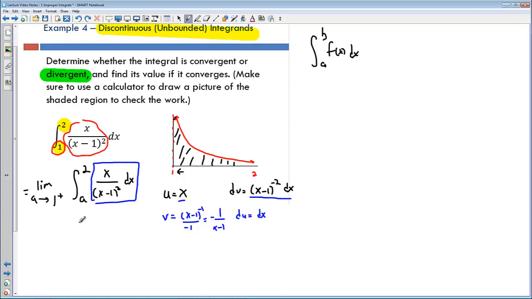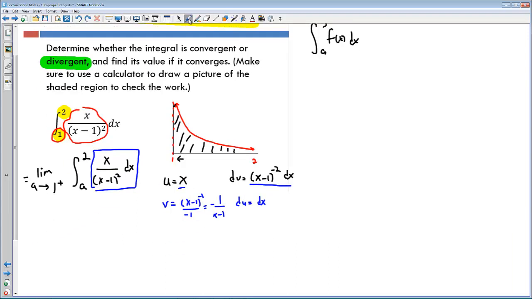And so now we have to leave that limit on there until the very end, until we evaluate the limit. It's kind of annoying, but again, you have to keep writing it each time. The limit as a goes to 1 from the right of, and then multiply down and minus the integral across. And so this is going to be what? It'll be a negative x divided by x minus 1. So that's this times this. And then minus, but it'll actually be a plus because there's a minus there.